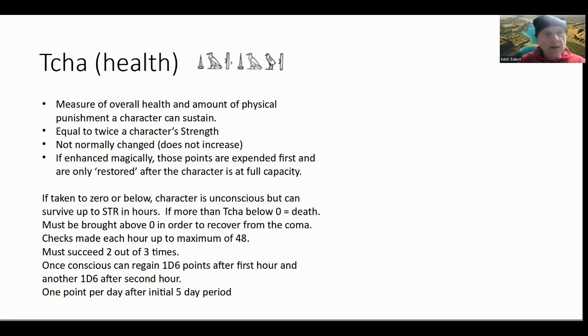This would be twice their strength at the time the character was created. So if their strength is increased magically or decreased, something of that nature, that wouldn't affect this initial value. It wouldn't change.